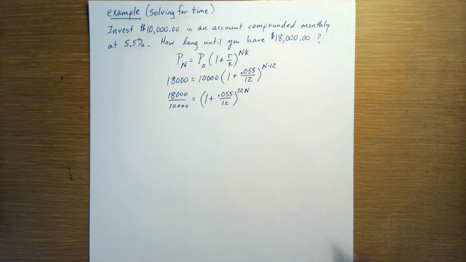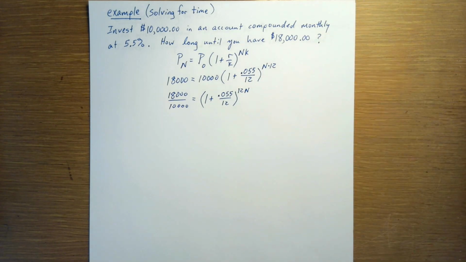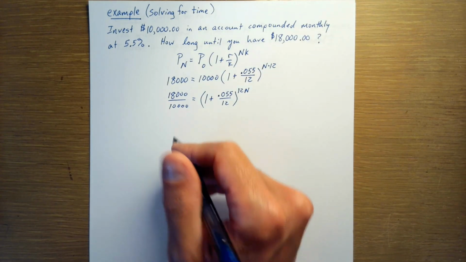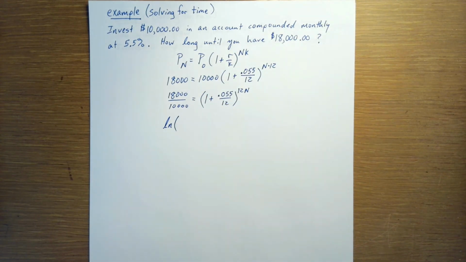But the problem now is this n is kind of trapped in the exponent, and I need to get that out. So the way I get exponents out, the way I undo them from being exponents, you could say, is by taking natural log, or logarithm base, whatever you want to choose. So I'm going to choose natural log, and we have to take natural log of both sides.